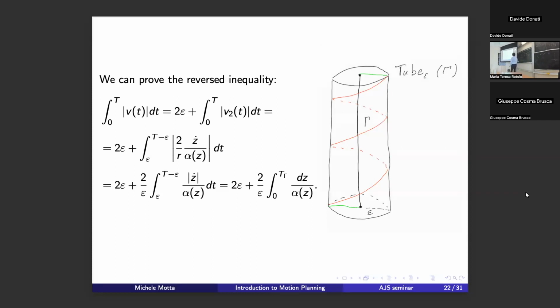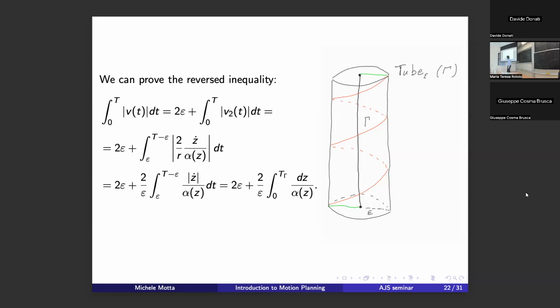So you can see that the contribution of this first piece and this last piece is just 2 epsilon, because it's just the integral of 1 times the time, which is epsilon. And then for the second part, you have only to integrate from epsilon to capital T minus epsilon.